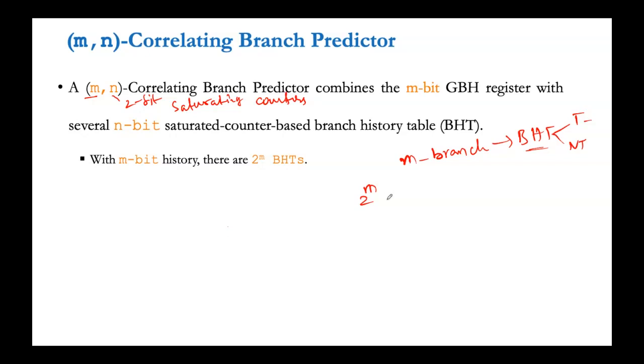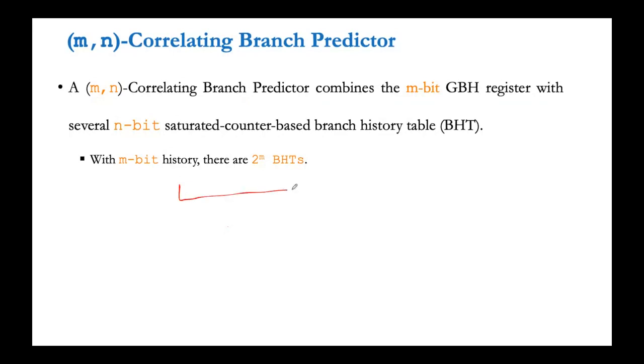Suppose I have the m-bit global branch history register, which holds the m bits, starting with the 0th bit, 1, and so on up to the (m minus 1)th branch. In that, it maintains 1 if the branch is taken and 0 if it is not taken.